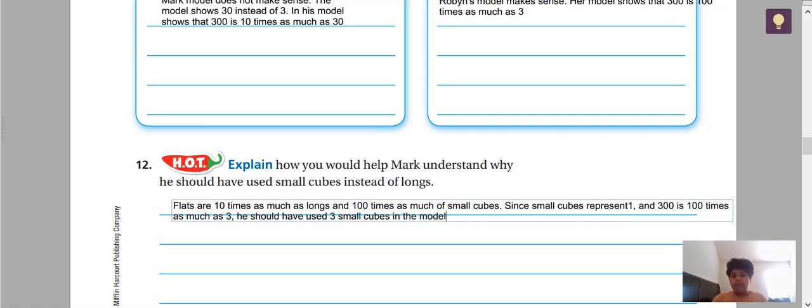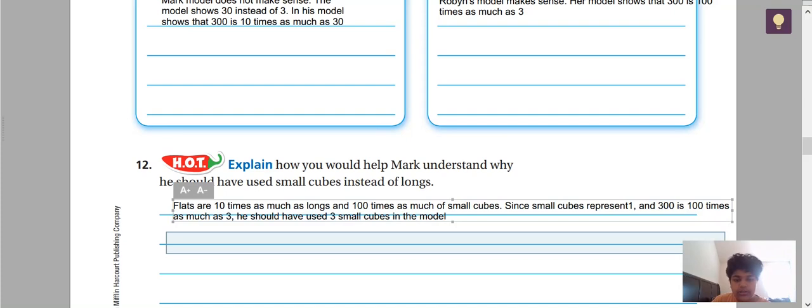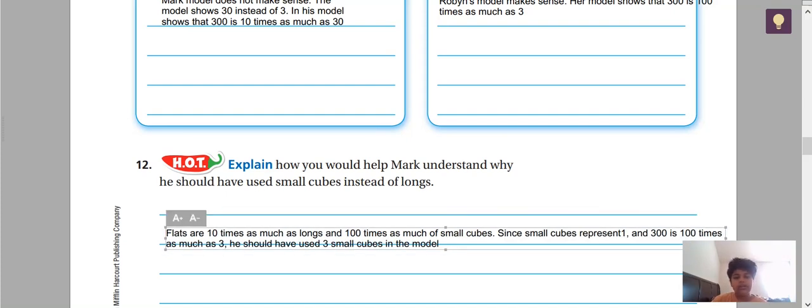That's how we can tell Mark that you should use small cubes instead of longs.